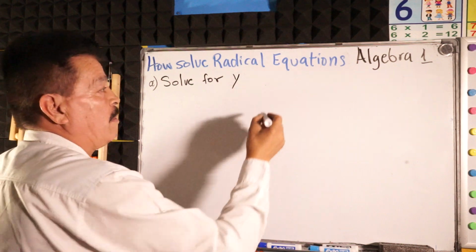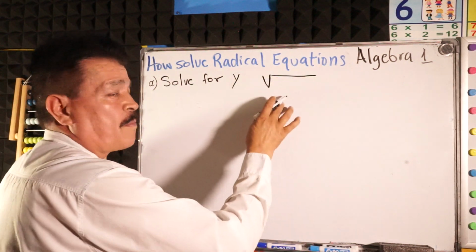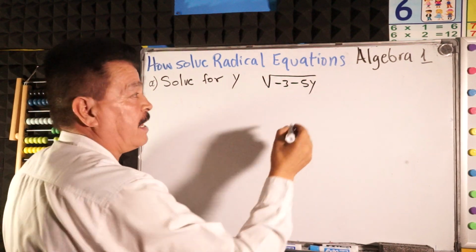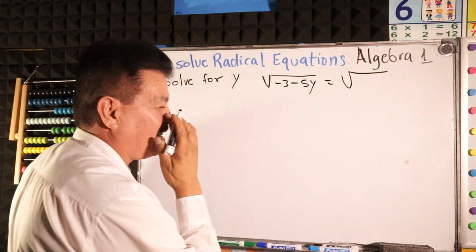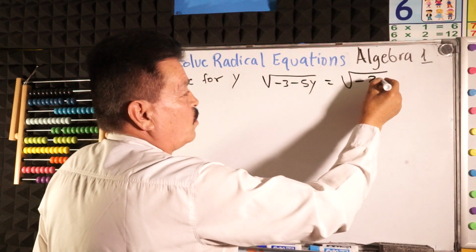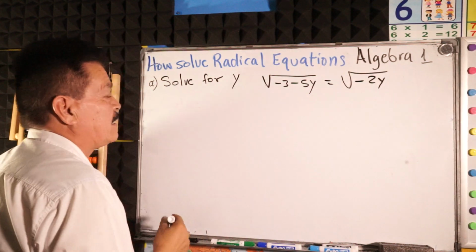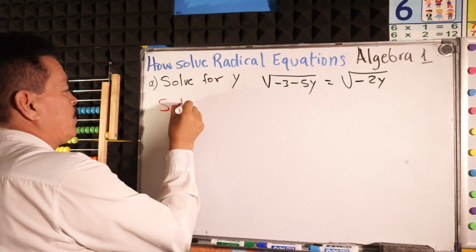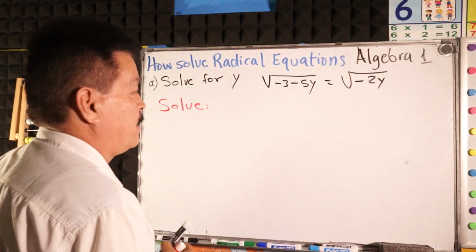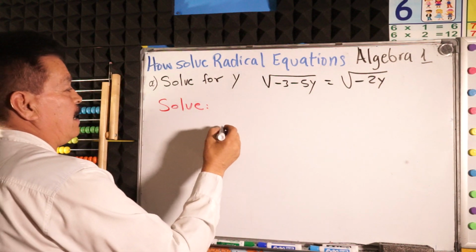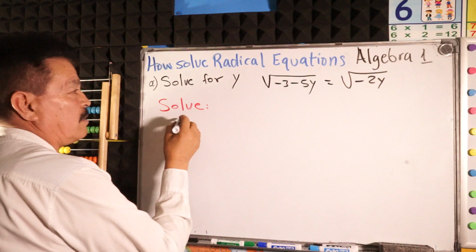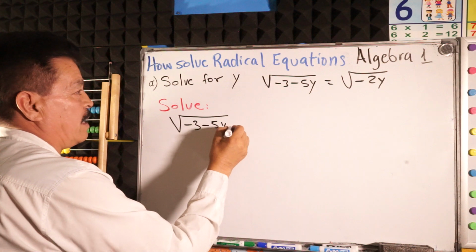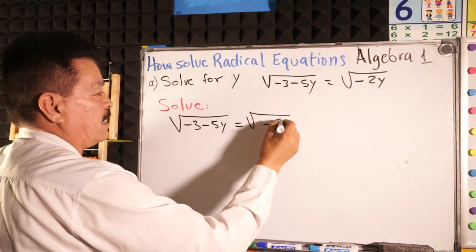Our problem is the square root of negative 3 minus 5j equals negative 2j. What is the first step? The square root of negative 3 minus 5j equals negative 2j.